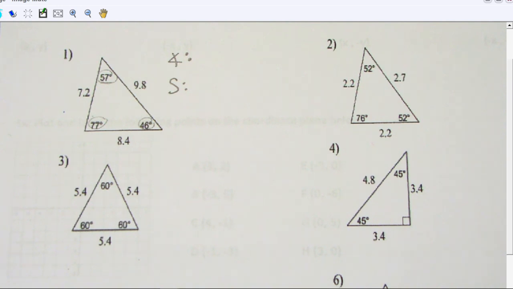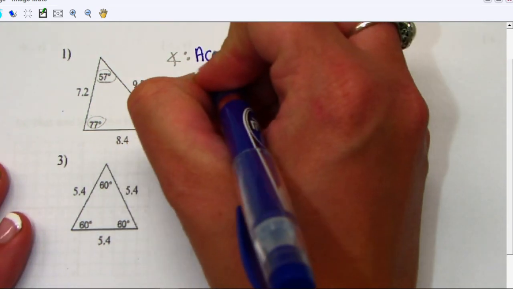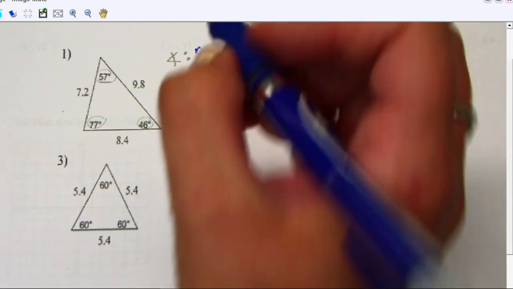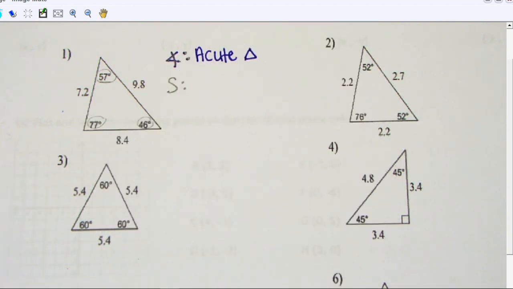Acute. So if we're naming this triangle by angles, we're going to call this a what? Acute triangle. That's it. That's all you have to do. Look at the angles. The angles are inside. And when I look at those angles, I see that they're all less than 90.